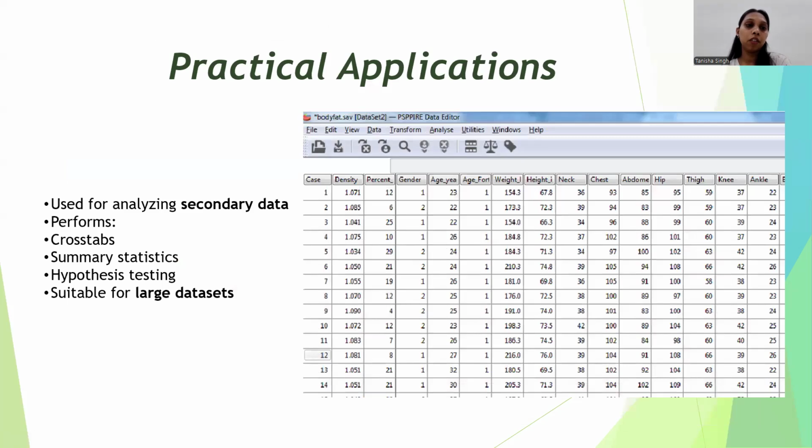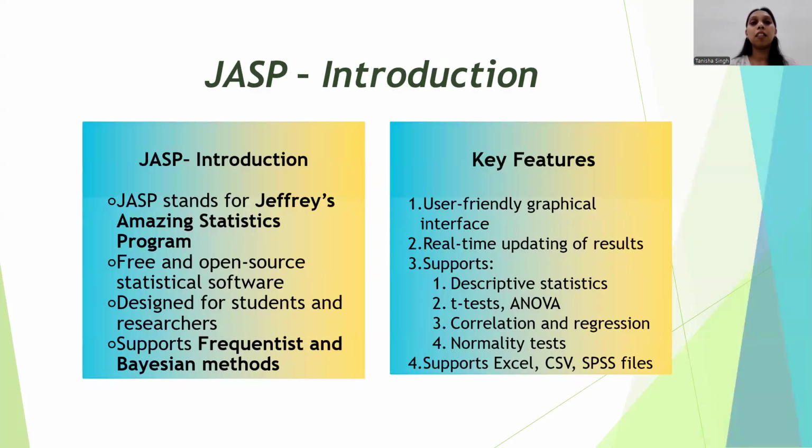Practical applications: it is used to analyze secondary data, perform cross-tab summary statistics and hypothesis testing, and is suitable for large data tests. This is for large data tests when you have 3,000 or 4,000 records and you have to sort them to get the information, to get a record. We use PSPP for this.